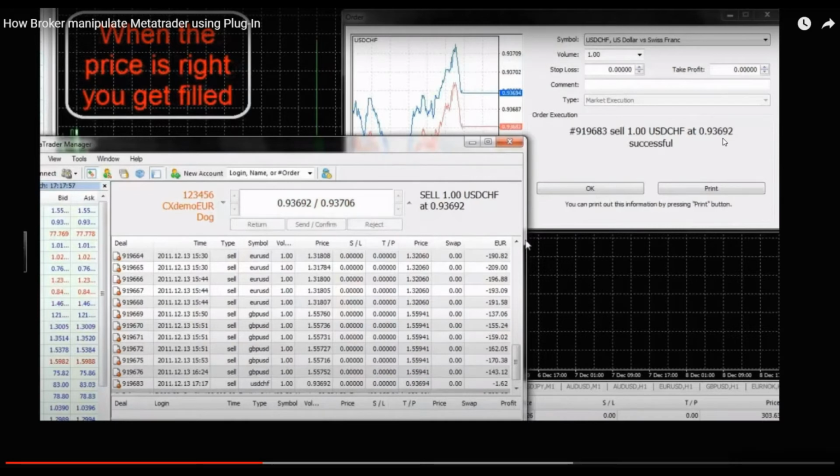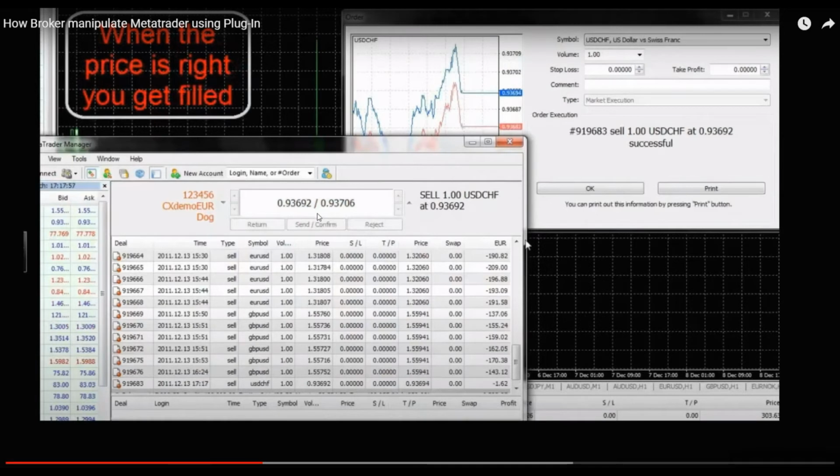We don't really pay attention to it, but I challenge you guys to take a look at that the next time you hit the sell or the buy button, and make sure that this right here is where you want it, especially if price is frozen. If price is frozen at a level and you hit the button and price hasn't moved, but this all of a sudden is much different, then you know that you're being manipulated and somebody's watching you, of course, and to be very, very careful. All right, so that's that.